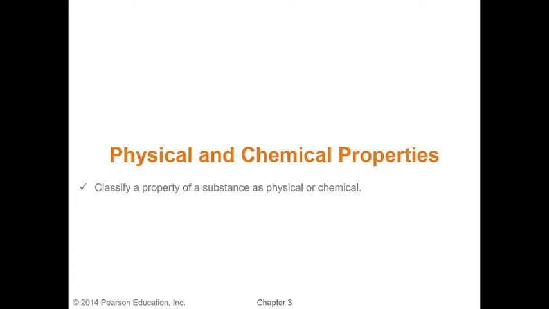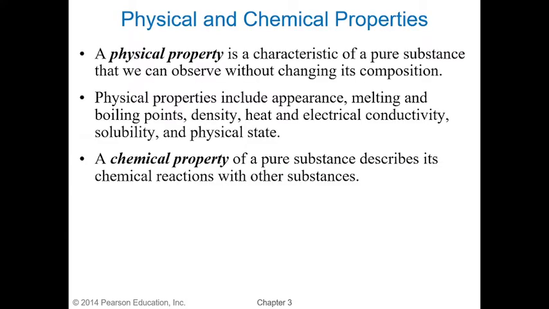Okay. Ngayon, paano natin malalaman yung physical and chemical properties ng isang substance? So, pag sinabi natin physical property, ito yung characteristic of a pure substance that we can observe without changing its composition. So, you just observe it. For example, if you're given a sample of sulfur, yung kulay yellow na powder kanina na pinakita ko sa inyo.